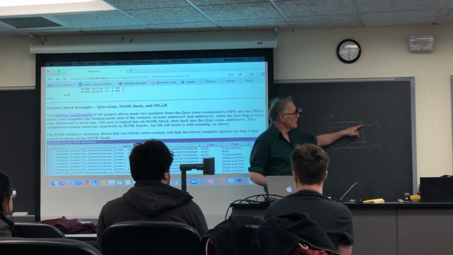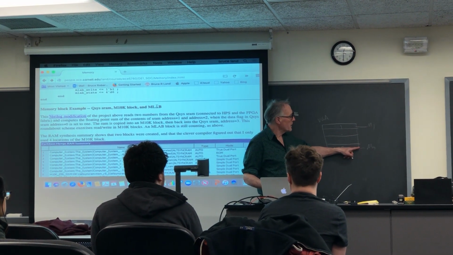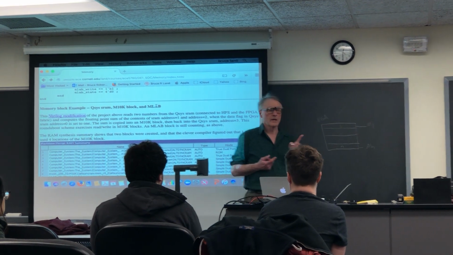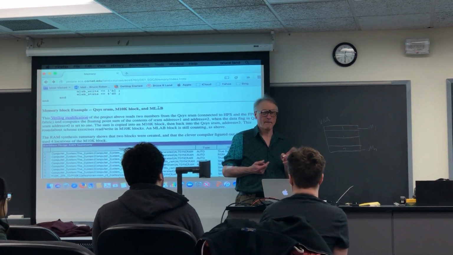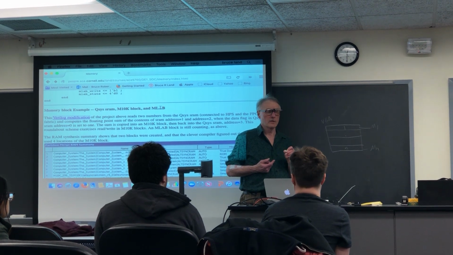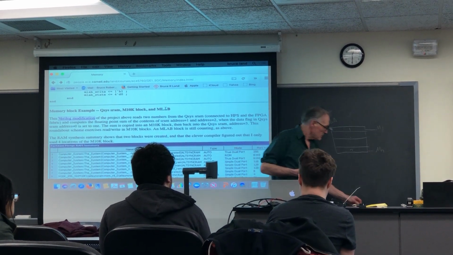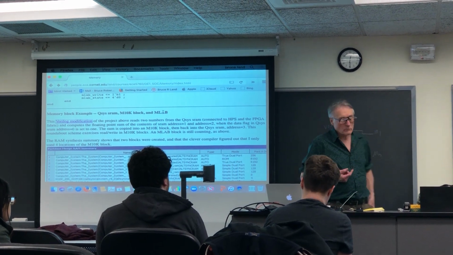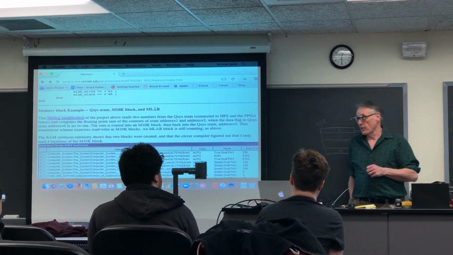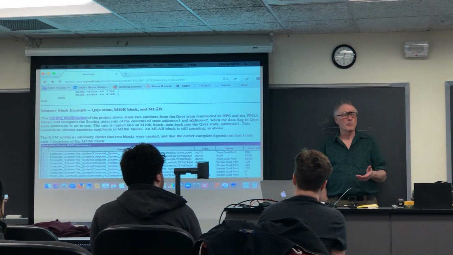And now you can do a separate access on every one of these blocks at every clock cycle, as long as they're instantiated separately. So you get a lot of memory bandwidth that way, not necessarily any more capacity, but more memory bandwidth.